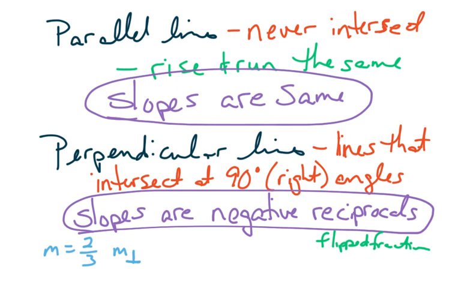So m with a little perpendicular symbol as a subscript to let me know it's the perpendicular slope. We flip it around so the bottom goes to top, top goes to bottom. It was positive, so we make it negative. So if I was once again given a line and found that the slope of it was 2/3, and I need to write an equation of a perpendicular line, the slope I would use is -3/2.